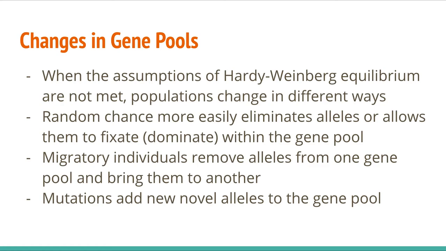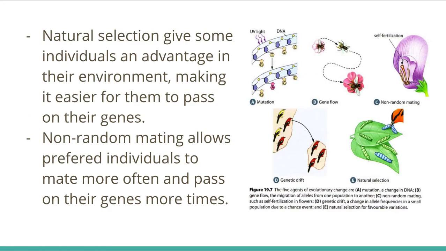And there's lots of reasons for this. In a small population, random chance can eliminate alleles or allow them to fixate more easily. Migratory individuals will remove their alleles from a gene pool and bring them to others. Mutations add new alleles to the gene pool.